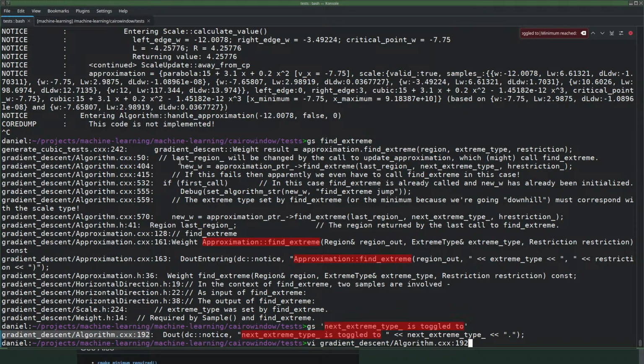So find extreme changes region out, and extreme type, of whatever is being passed, and that is then last region and next extreme type, in all cases, I think. Here too. I think there's only 2 of them.